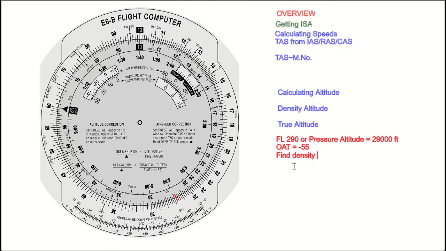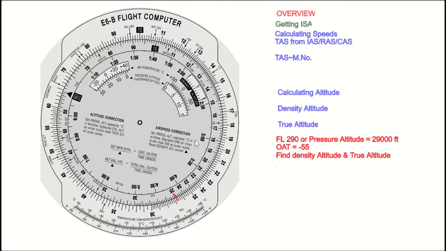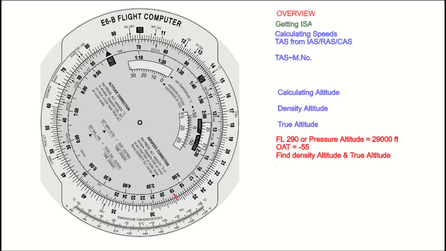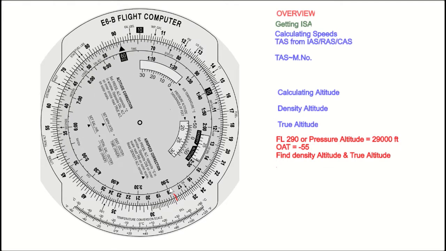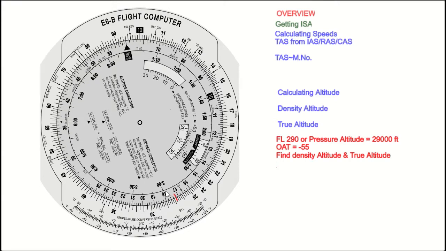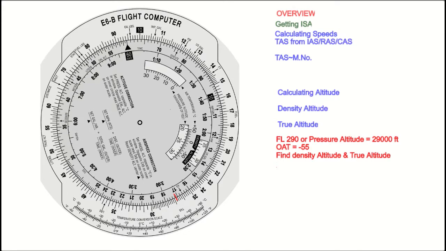So if I have to find out density altitude and true altitude, let's first find out the density altitude using the computer. All right, so we are going to use this window. Temp OAT is minus 55, so I'll set 290 against minus 55. So 290 will be 25, 26, 7, 8, 9.